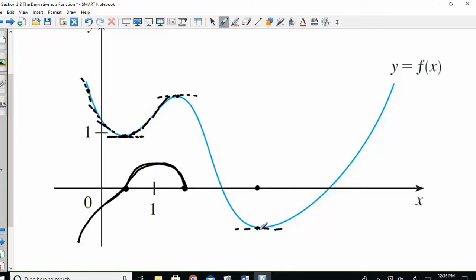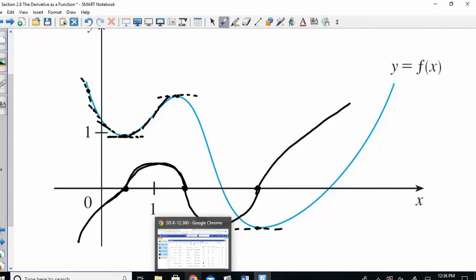And then what happens from here all the way down to there? The graph was decreasing, so the derivative is going to be negative the whole time. We have to come back and hit 0 here. So it's something like this. And then from there on forever, the graph is on the rise, so my derivative will be positive.